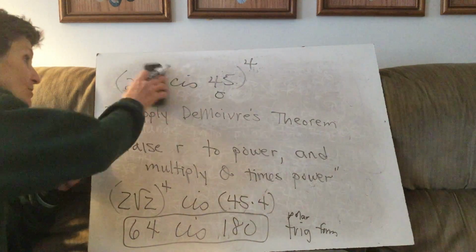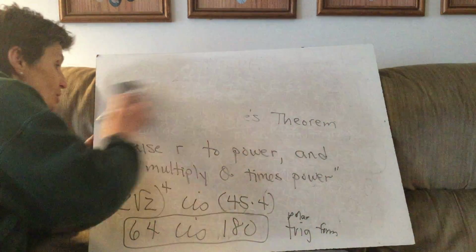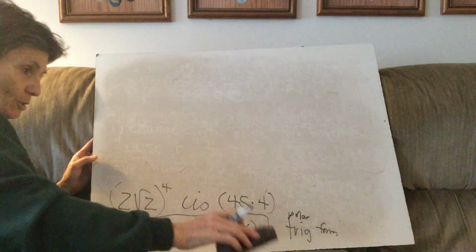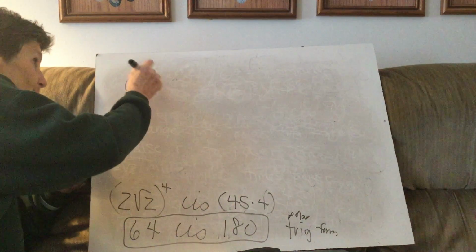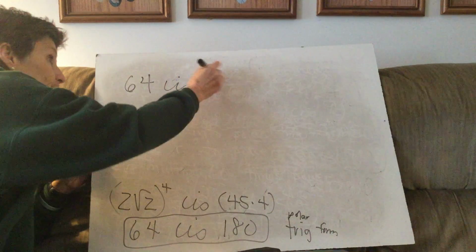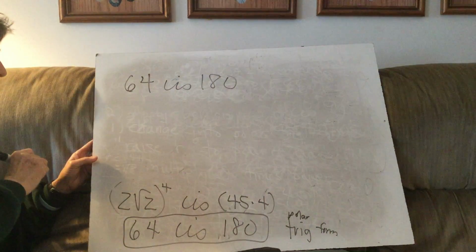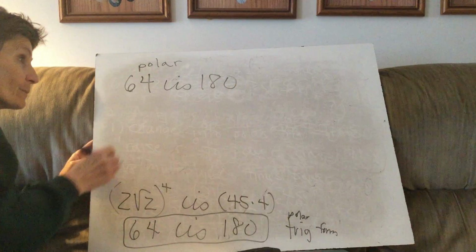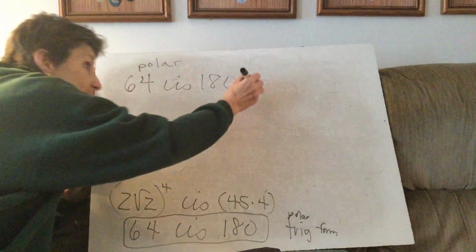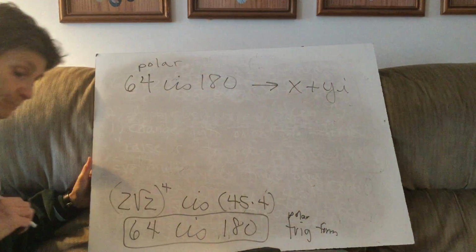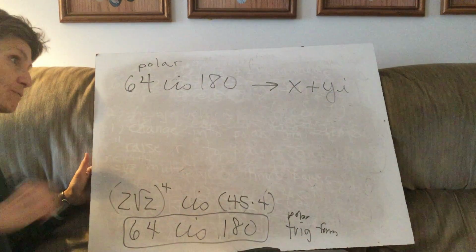I'm going to take that answer and change it into rectangular form, or complex form. Okay, so this is the polar form right here. Now, I need to change that into the rectangular form, or the complex form.